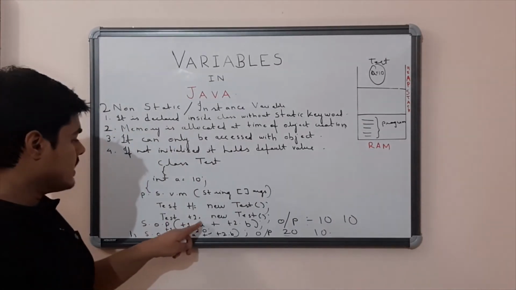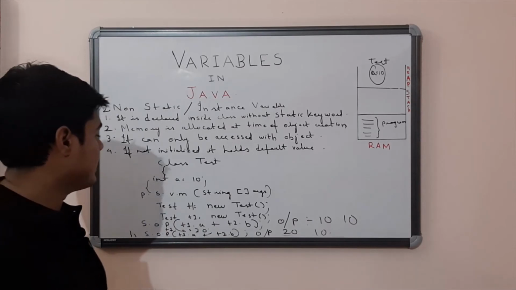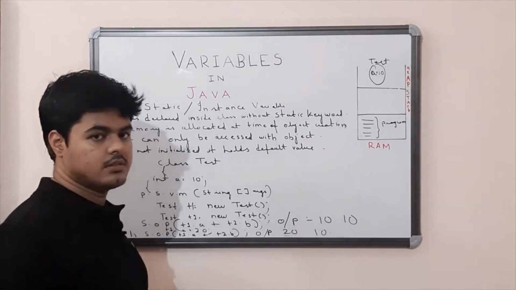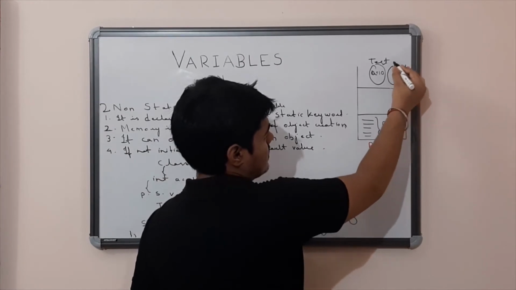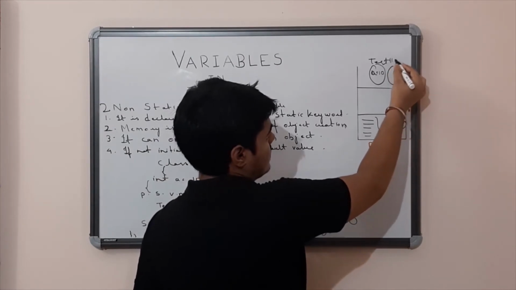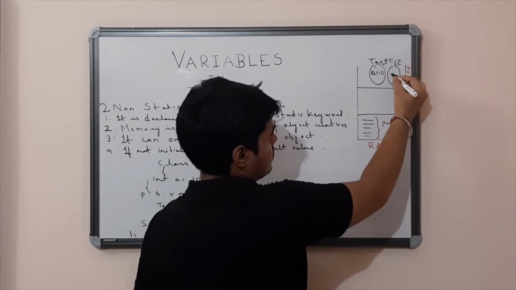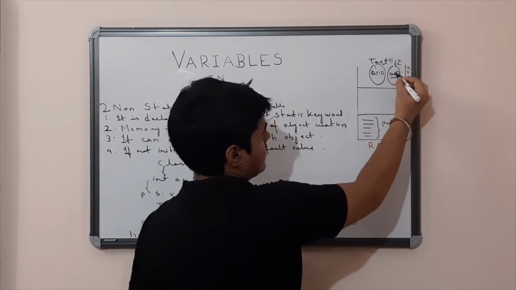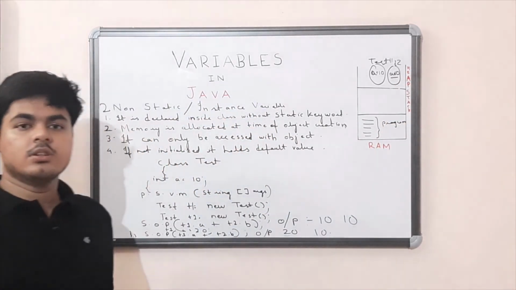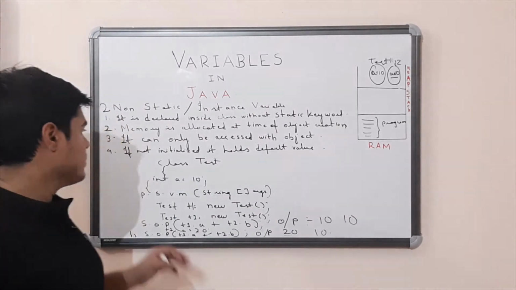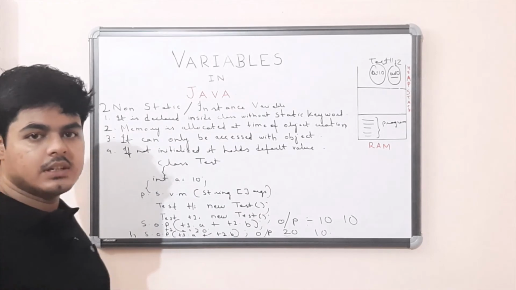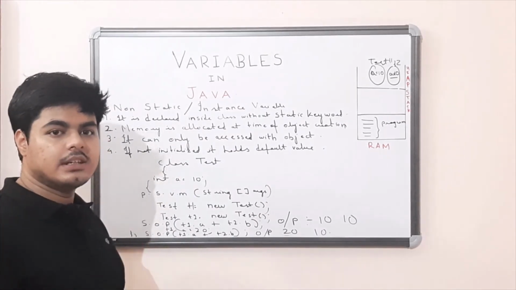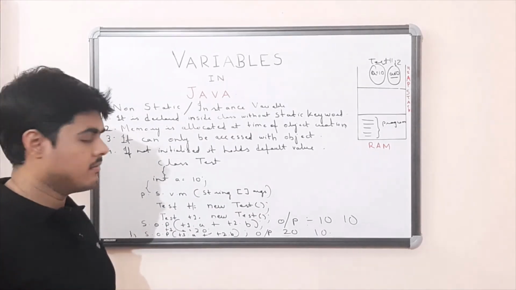Now suppose we are creating another object, that is test2 equals to new test. Now for another object, t1 is this, t2 is this, it will also have the non-static variable a. So for every object, a copy of the non-static variable is created in the heap during runtime.